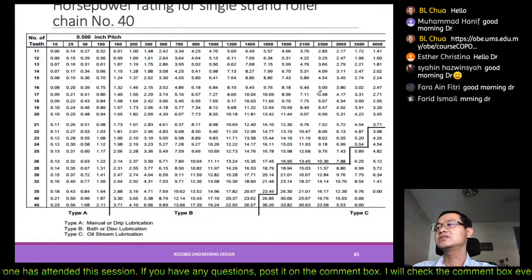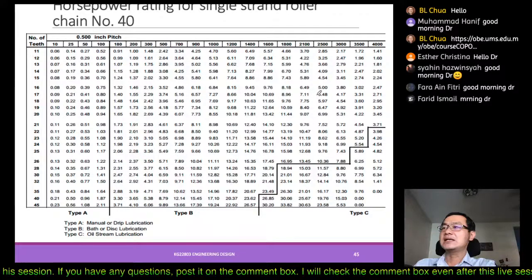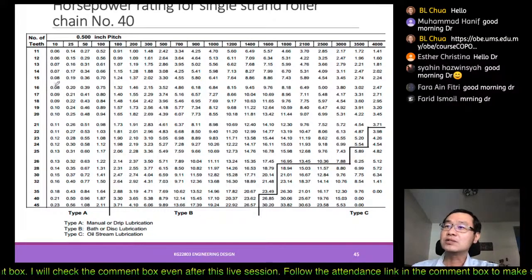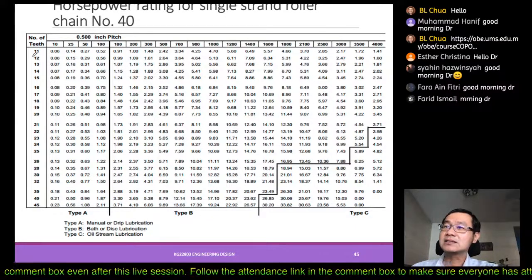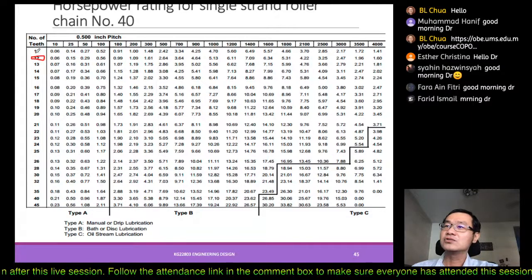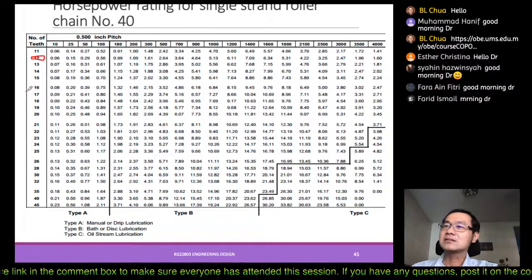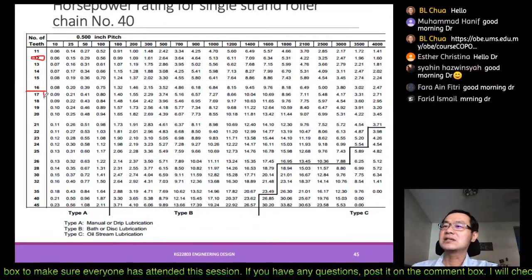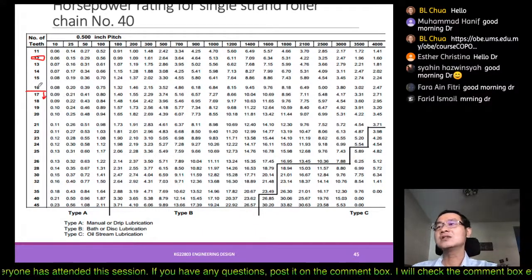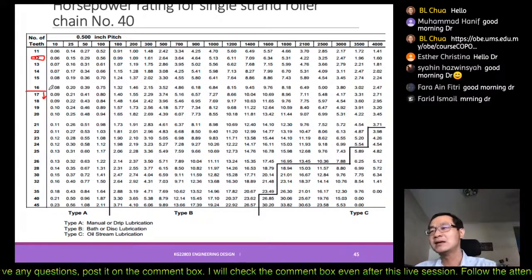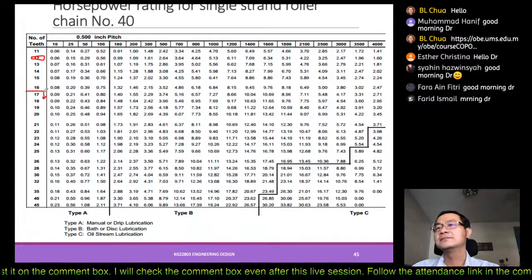This is a data table, something similar, where we see the number of teeth. Even though you can select from 11, the best is to select from here. If there is no choice, then never mind, but if we can, we try to avoid it.